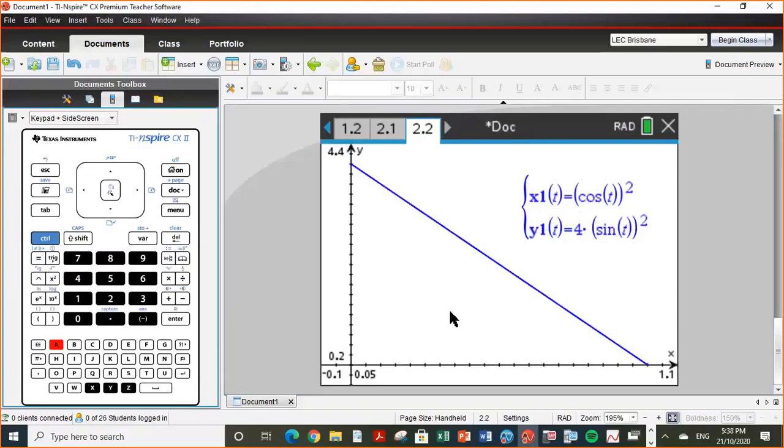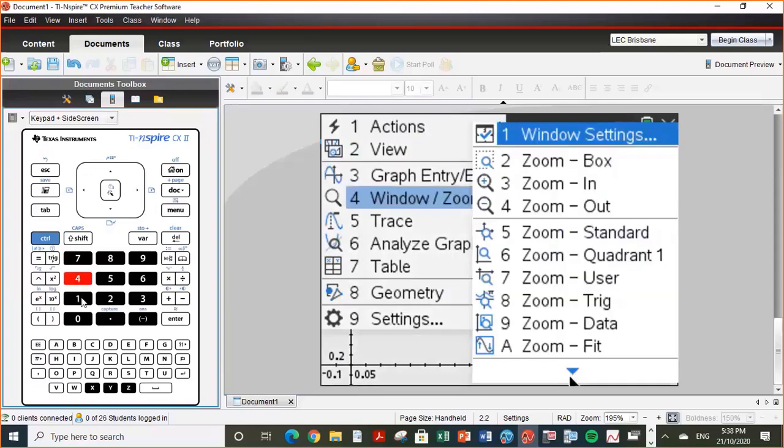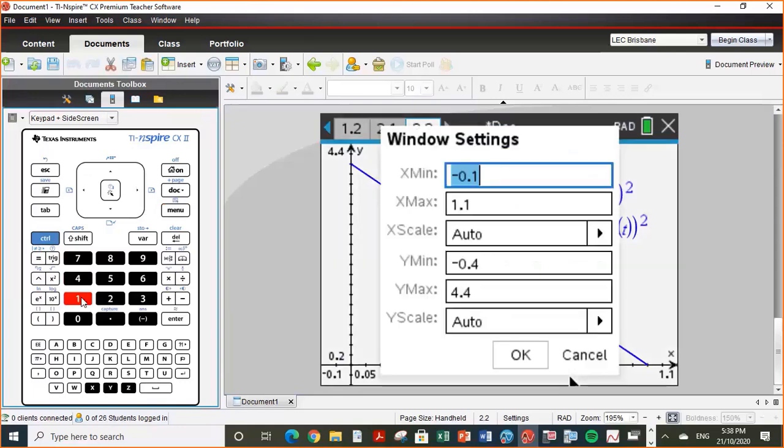When we invoke the trace command, we need a bit of room down here because this is where the display always comes up. So I'm just going to make a minor adjustment to the window, and change y min to say -3, just so it gives some room for the display.